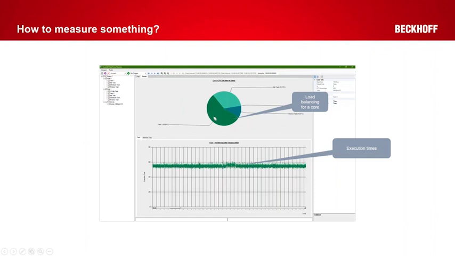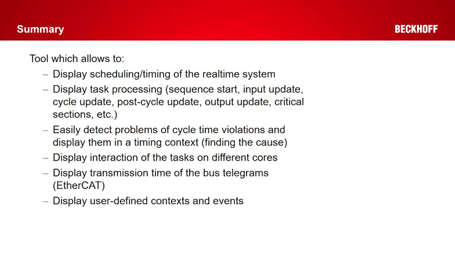You have here an overview of a complete core, but if you click on a task, the graph type will change. Then you have some kind of bar graph, and you will see some Gaussian curve which shows you the different execution times. But more on that later.